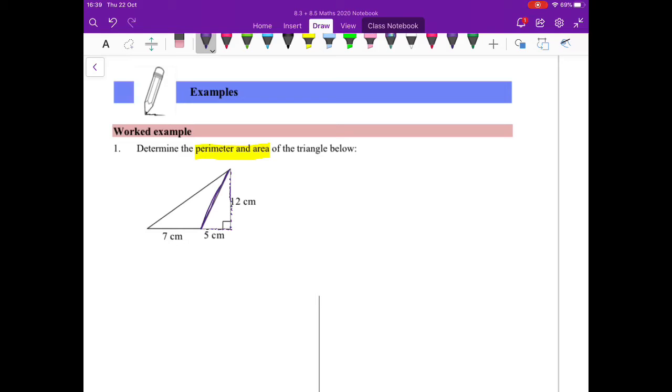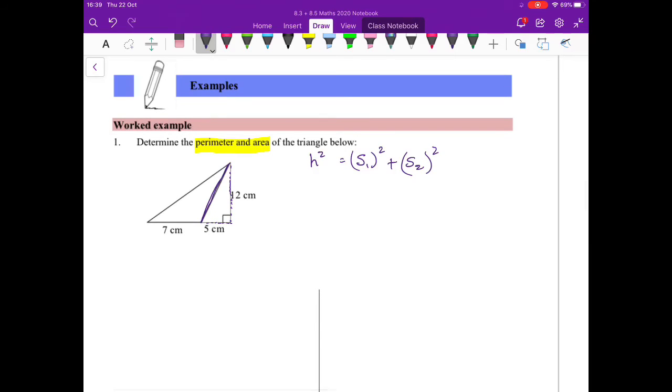So Pythagoras says hypotenuse squared equals side 1 squared plus side 2 squared. My hypotenuse I don't have, so I'm going to call it x. So x squared equals 5 squared plus 12 squared.